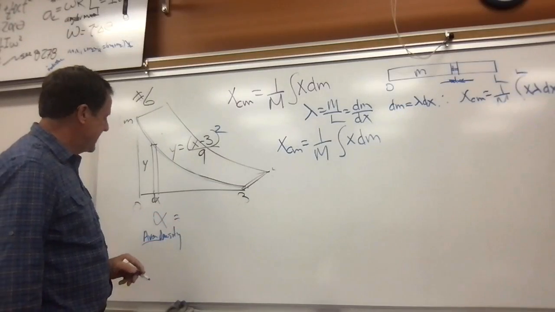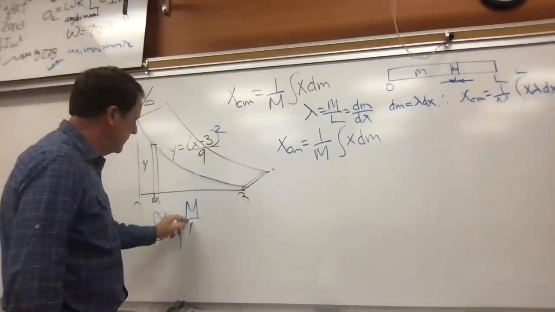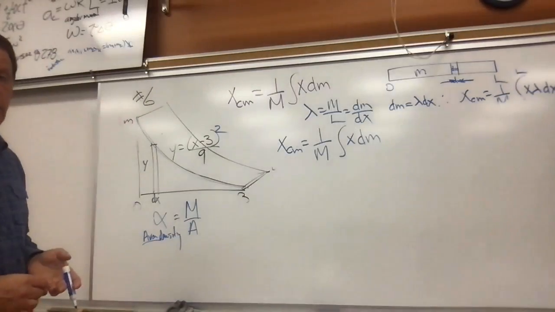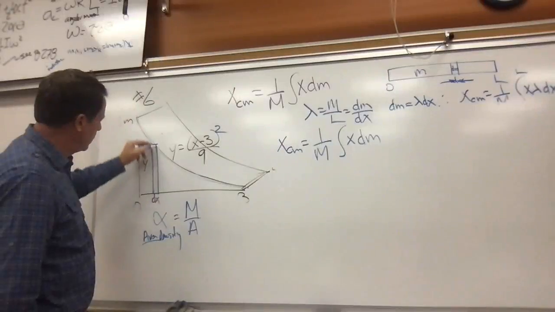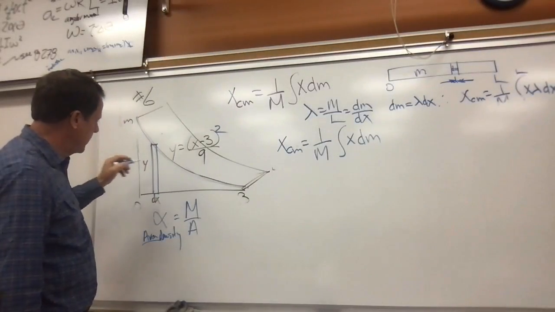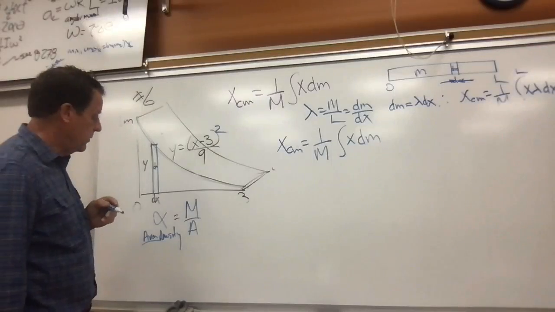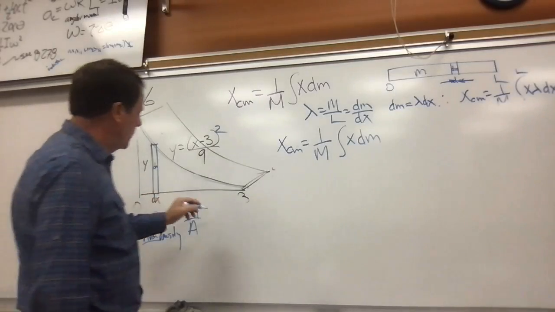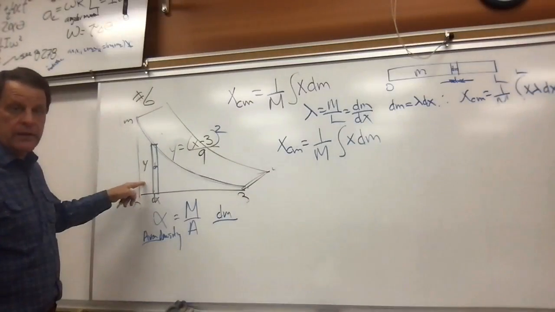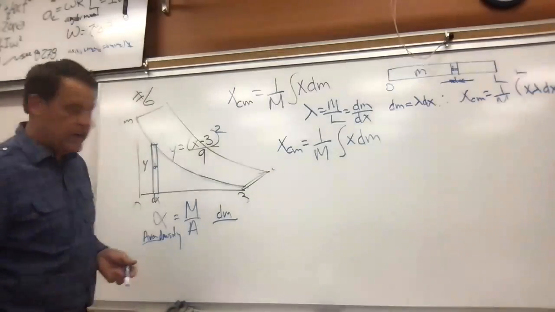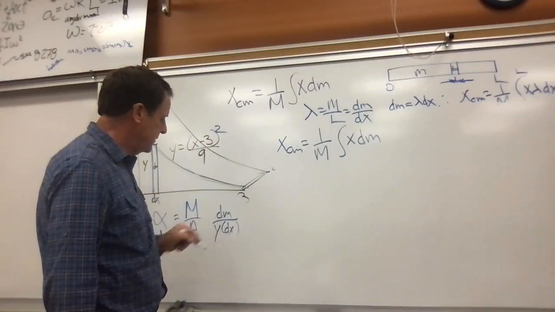But that is going to be the mass divided by the overall area. Now, we also know that if we take this section right there, that would be dm. And so we want dm over the area, and the area of that is going to be y times dx.